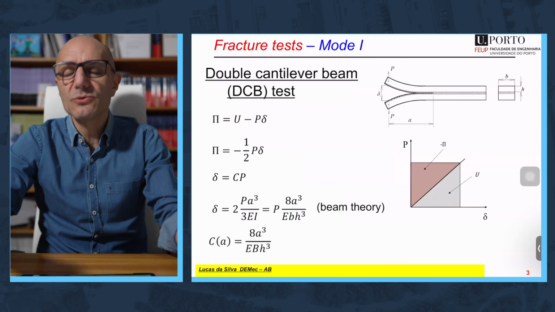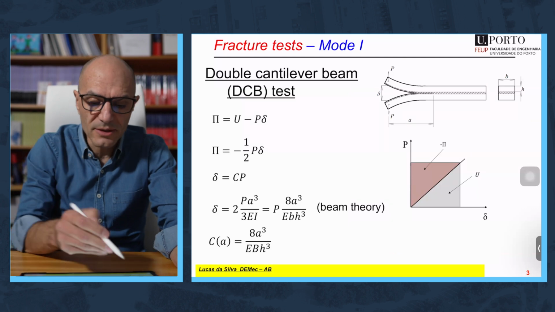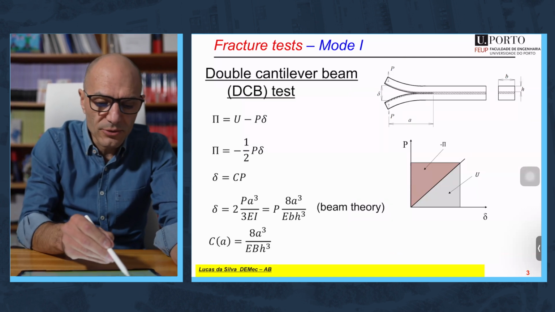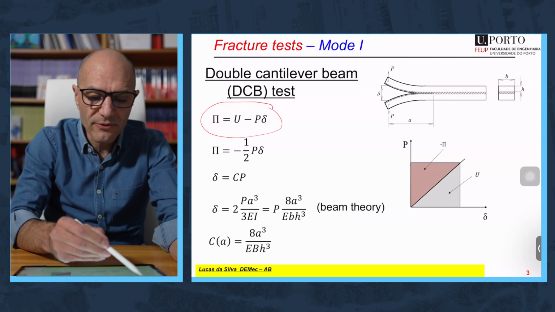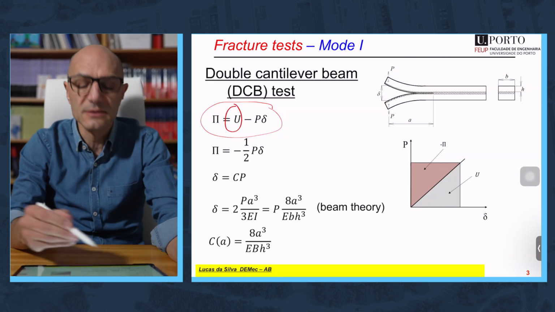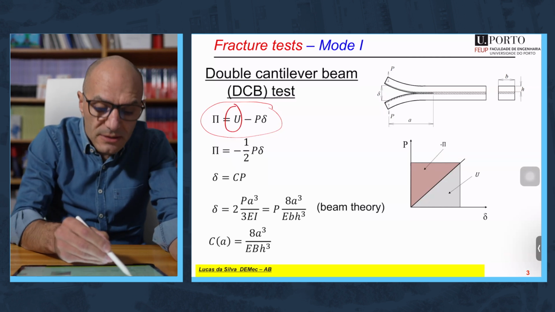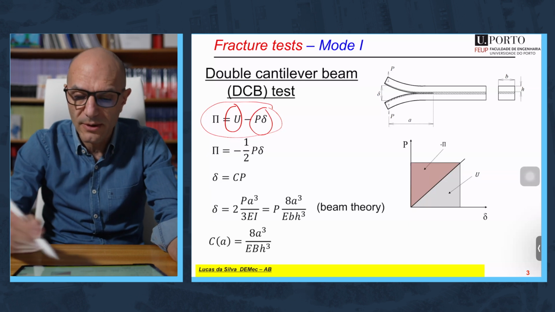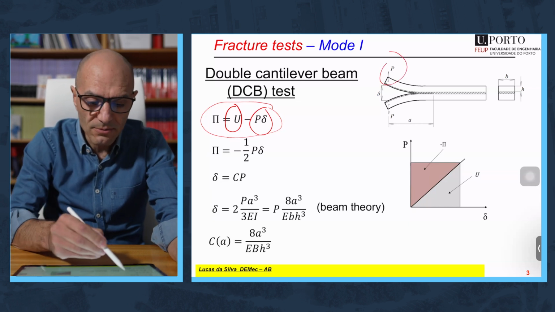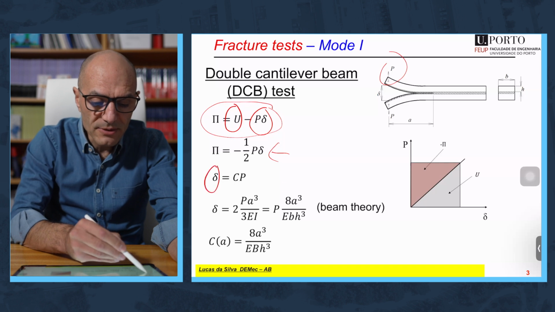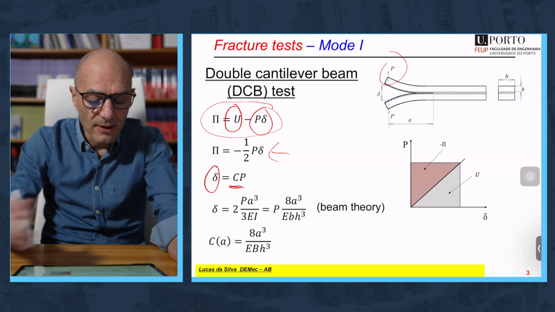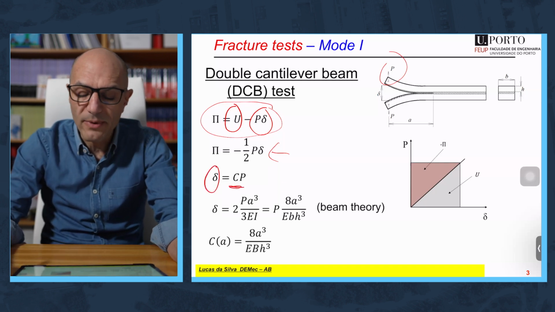Okay. How do we deduce the fracture energy? Well, you can start with the total potential energy, which by definition is the difference between the elastic stored energy and the external energy from the load applied. So it comes to this, the difference between the two. This displacement can be written as a function of the compliance and the load.